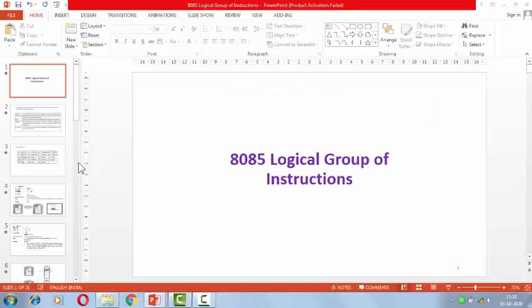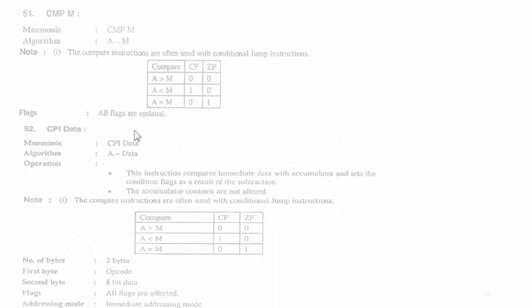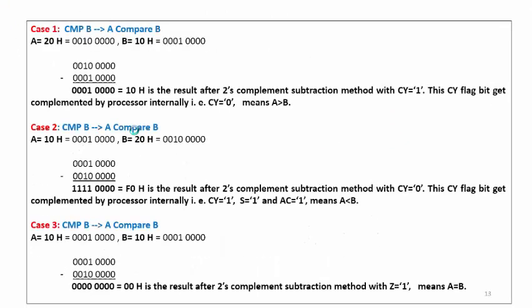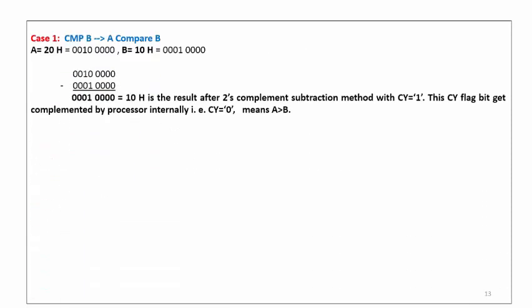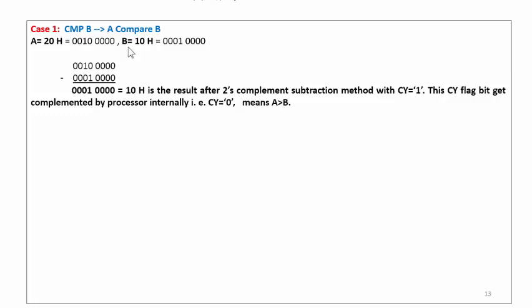Here the accumulator content is compared with the B register content, A compare B. Suppose in the accumulator 20 hex is available, 0010 0000, and in the B register suppose the 8-bit data 10 hex, 0001 0000.